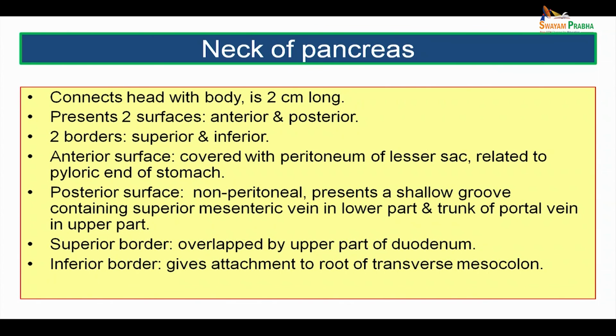The posterior surface is non-peritoneal and presents a shallow groove containing the superior mesenteric vein in the lower part and the trunk of the portal vein in the upper part. The superior border of the neck is overlapped by the upper part of the duodenum, while the inferior border gives attachment to the root of the transverse mesocolon.